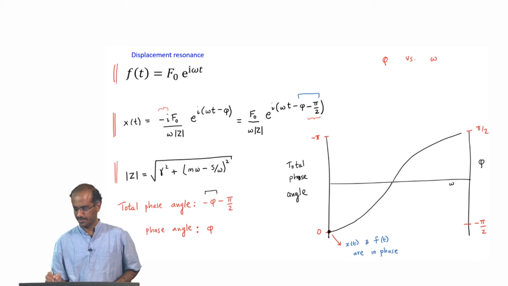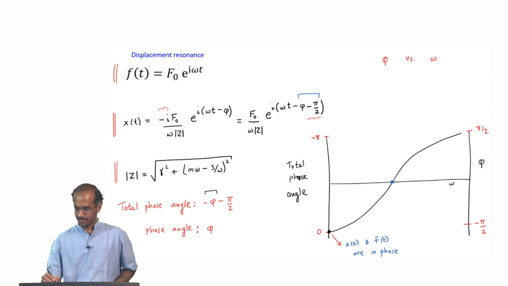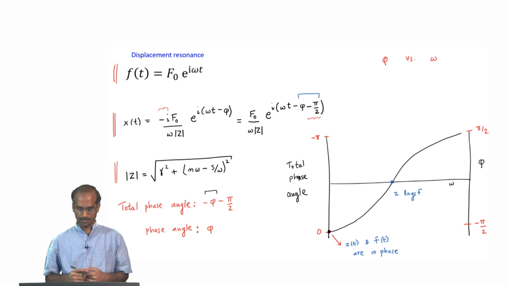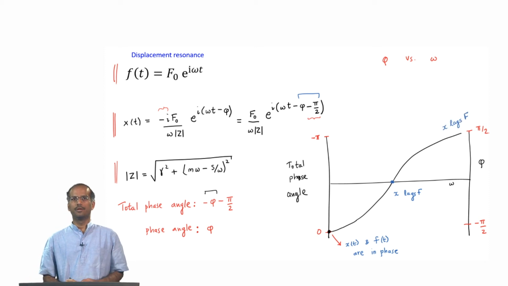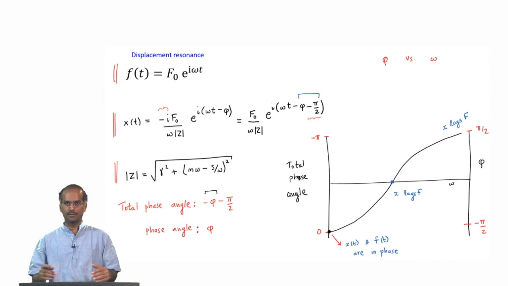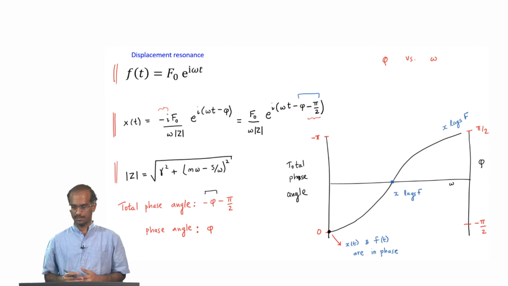The phase difference between them is 0, and this would be a point where x would lag in phase with respect to that of f, and again here x lags f. With a little bit of thought you can figure out these differences in phase between displacement and forcing.